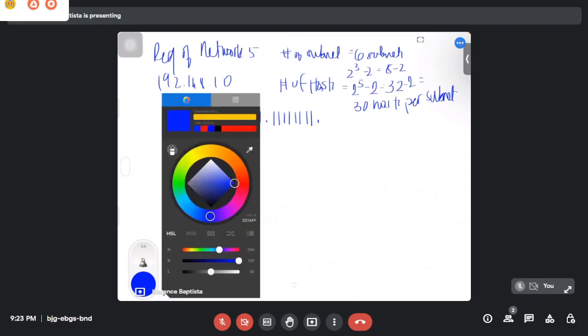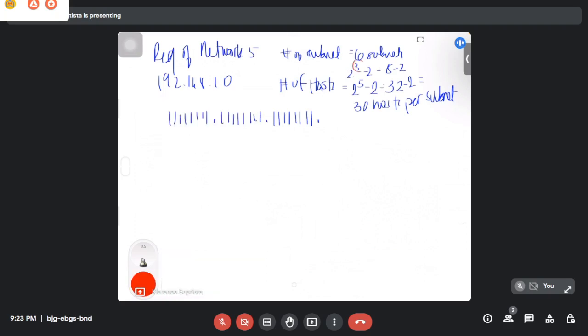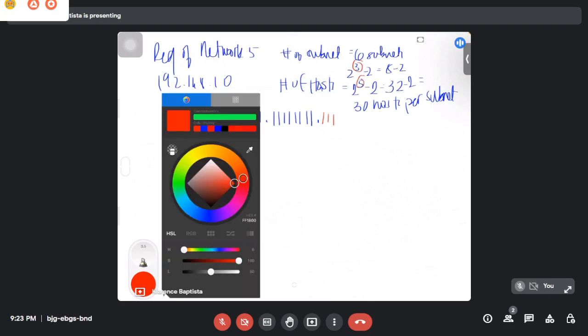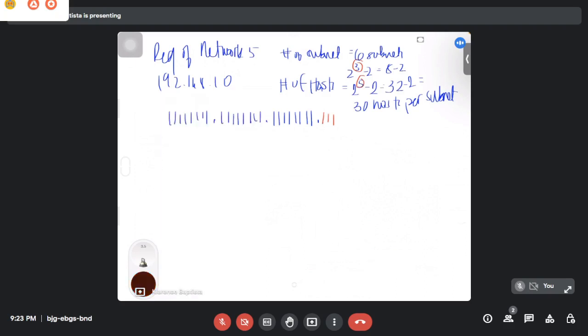Sa subnet mask, since kanina sabi natin 2 raised to 3 yung subnet, so maglalagay tayo ng tatlong 1: 1 2 3. And then meron tayong 2 raised to 5 for the host portion. So the rest is 1 2 3 4 5. Okay? So kunin natin yung value nito. We have 128, meron tayong 64 and then 32.